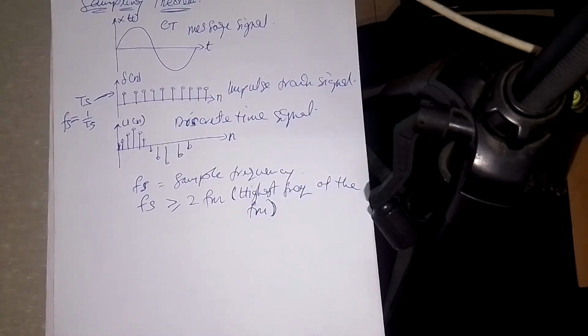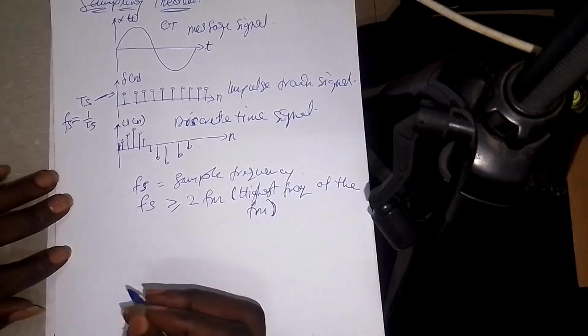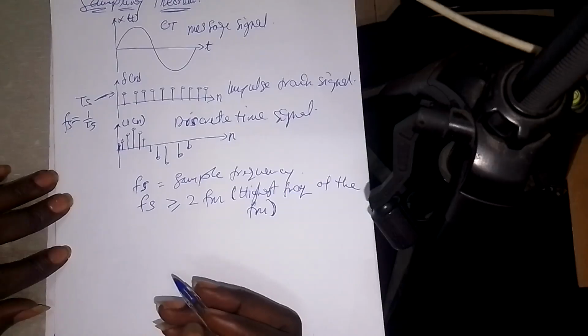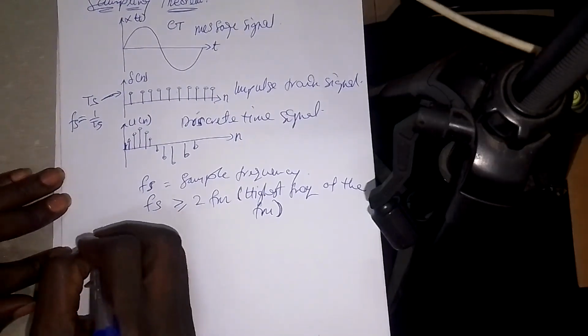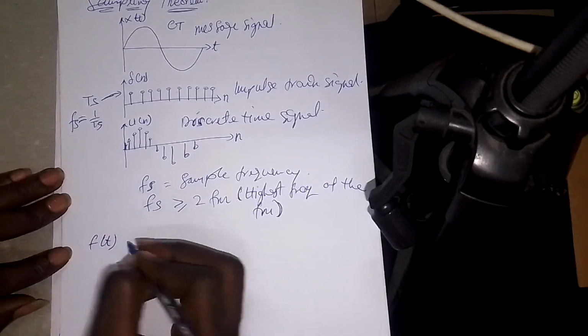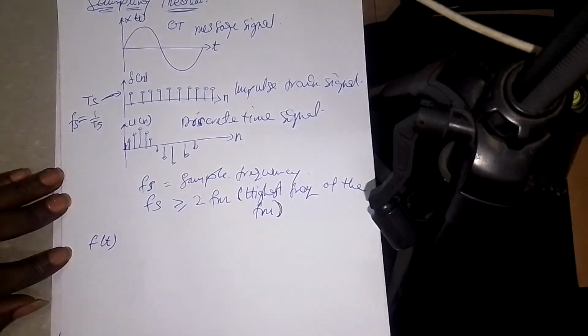Okay, so let's see a message signal. Let's say that our x of t is a sinusoidal signal. A sinusoidal signal can have several frequencies.